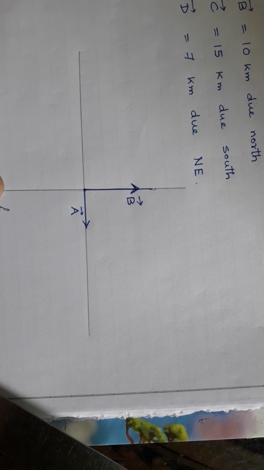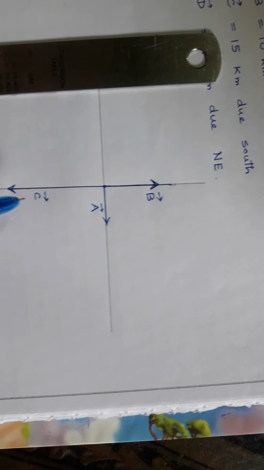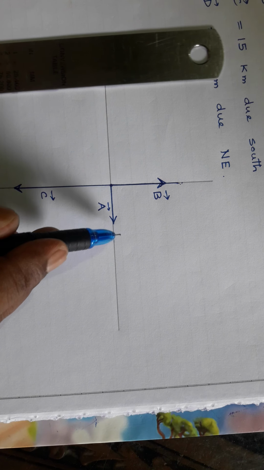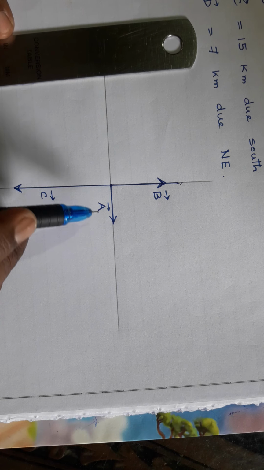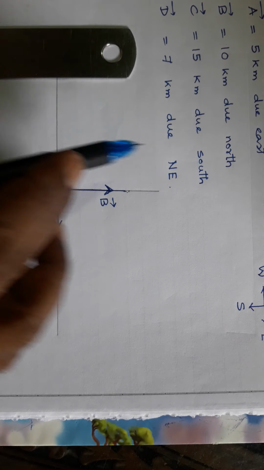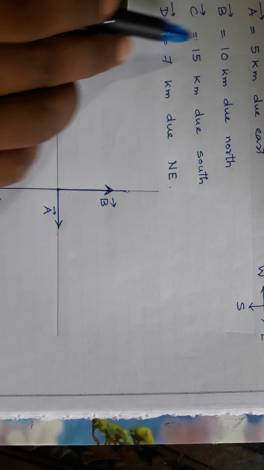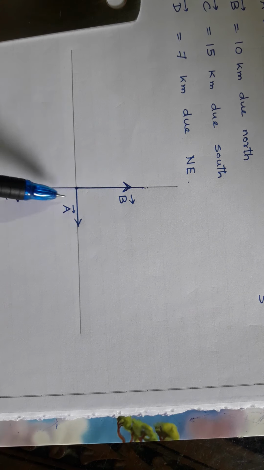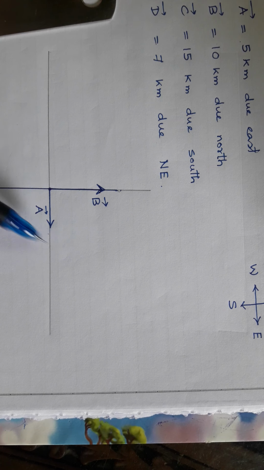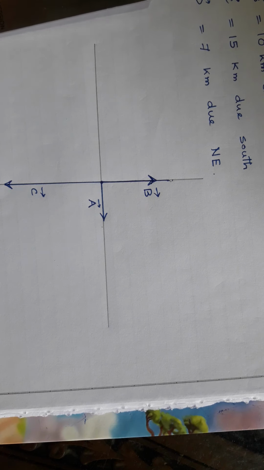So this is C towards south, downward, and length is 3 times that of A. So to represent vector we use a straight line whose length is proportional to the magnitude. When magnitude is small, length is small. When magnitude is more, length is more. And orientation gives direction. This arrow is towards east, this towards north, and this towards south.